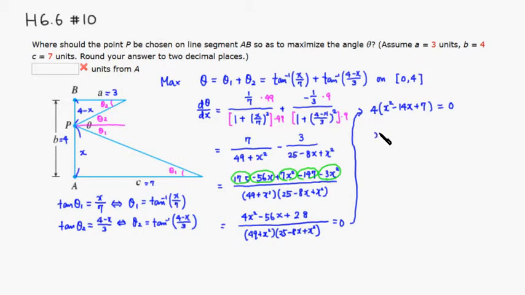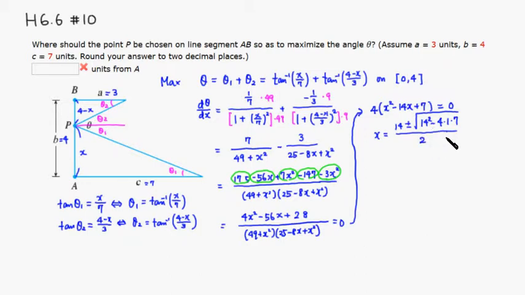So we have x equal to negative b, so it's 14, plus or minus the square root of 14 squared minus 4 times a, which is 1, times 7, since I'm ignoring the 4 here, all over 2 times a, so over 2.